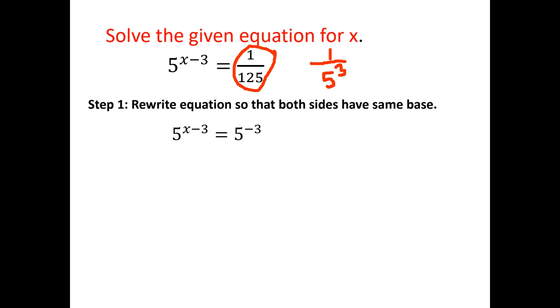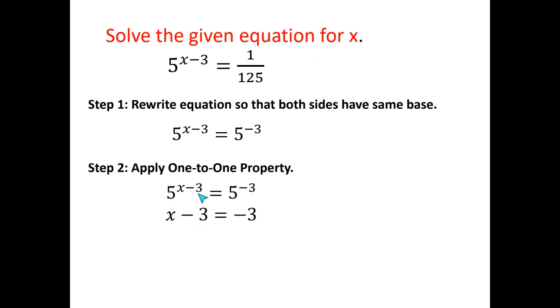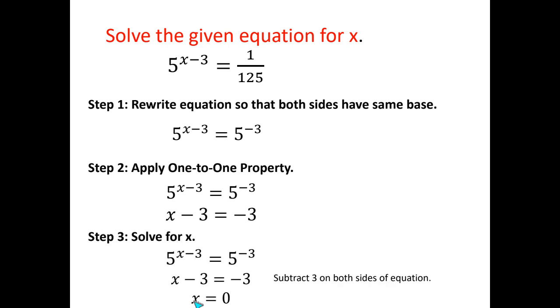Okay, and so the bases are still not the same. So if I bring this 5 cubed up, I can do that if I change the exponent to a negative, like I did here. So now we're going to have 5 and 5, that's the same base. And so I can set my exponents equal to each other. So we have x minus 3 is equal to negative 3, add 3 on both sides. So we get x is equal to 0.